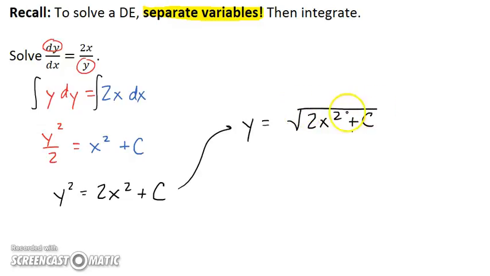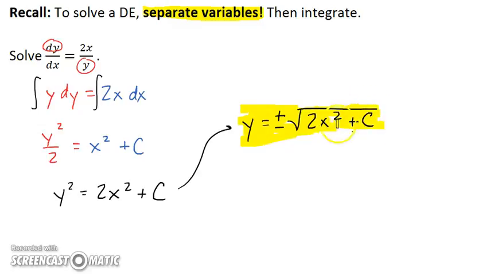And the one thing I've got to remember here too, that is if I take a square root, any even root, second root, fourth root, plus or minus needs to be in here because either one of those options actually solves this scenario. So right here is what we call the general solution of a differential equation.